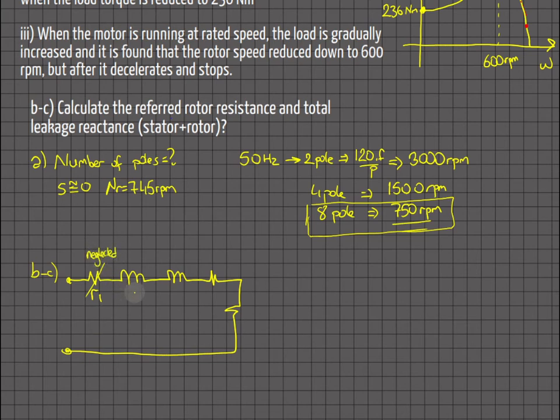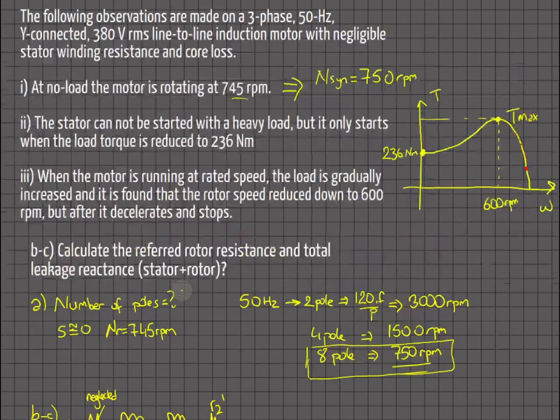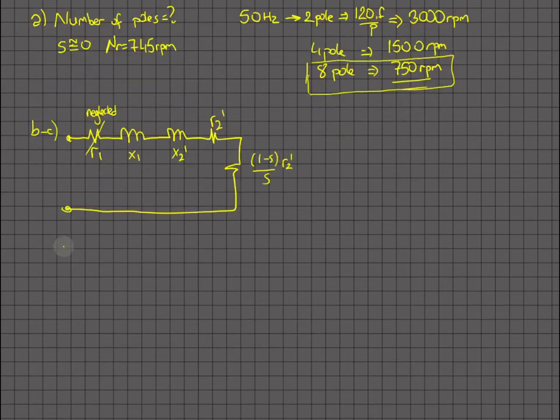So I have X1, X2 prime, I have R2 prime, and I have (1 minus s) over s times R2 prime. Again, be careful, 380 volts line to line, and it is Y connected. So this is the per phase equivalent circuit.